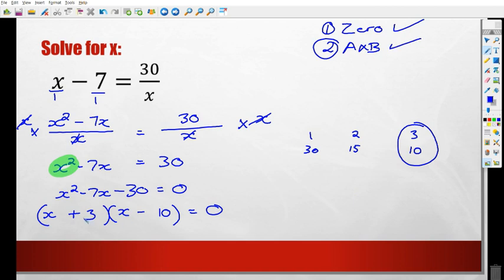So we've got something equals 0, or other thing equals 0. What am I going to do here? I need to solve for x. So x is equal to negative 3, or x is equal to positive 10.